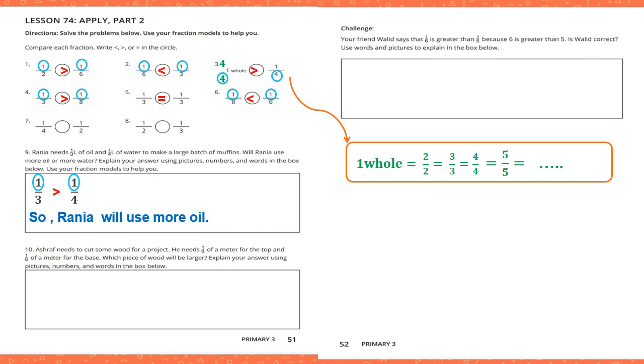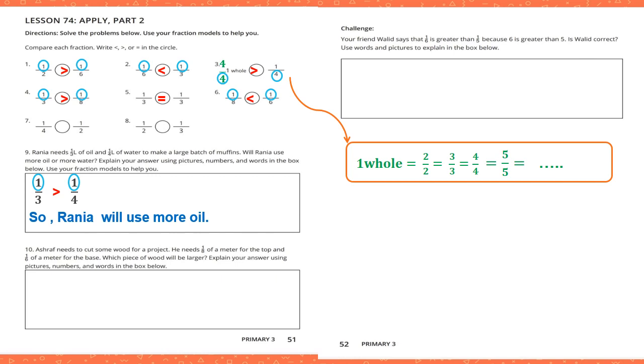Question number 10. Ashraf needs to cut some wood for a project. He needs 1/8 of meter for the top and 1/6 of meter for the base.